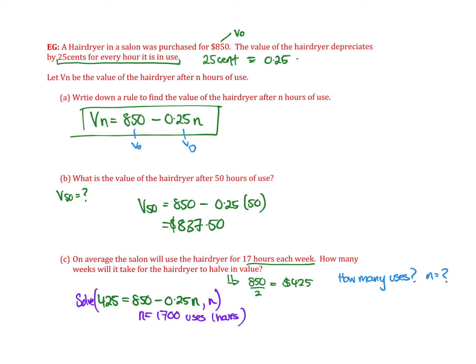We do 17 hours a week, so we're going to do 1,700 hours use divided by 17 per week. So we get 100 weeks. It said 17 hours each week, so we found that the value of the hairdryer would be half after 1,700 hours use. So if you do 17 a week, there we go.